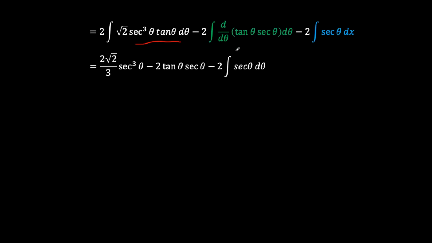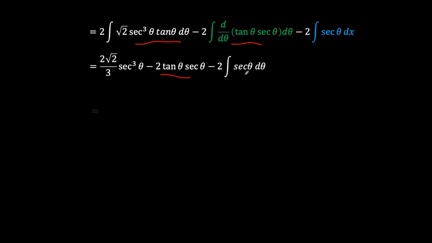And here we have minus 2 tan theta sec theta, because this is already a derivative, so when you integrate, you get whatever is under the differentiation sign. Now we are left with minus 2 the integral of sec theta.